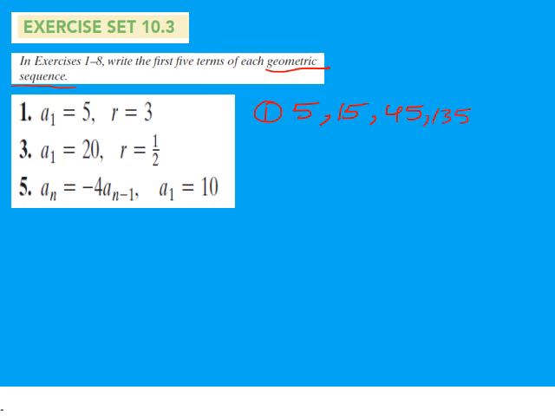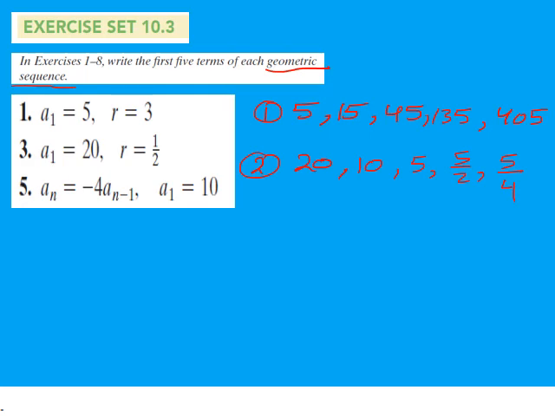Multiply by 3 is 404. Sorry, 405. The second one: the first term is 20, and every time I multiply by half. So 20, 10, 5, 5/2, and 5/4.